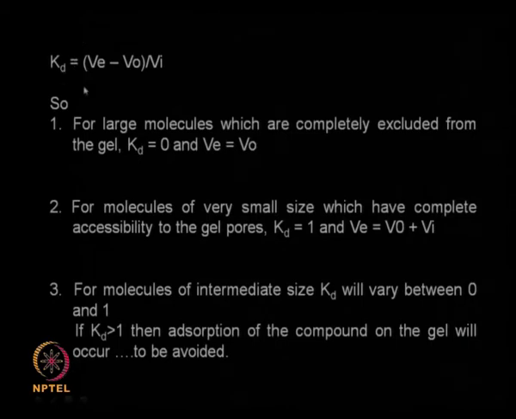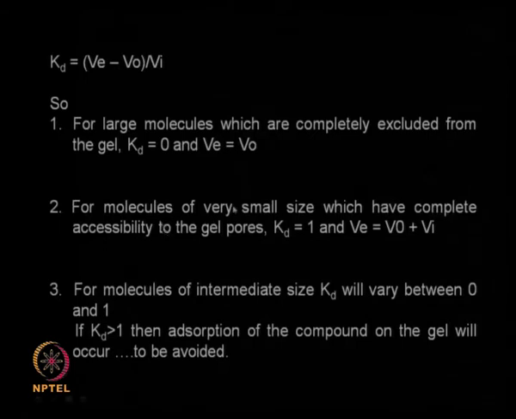So that is the situation where molecules are very large. If Kd equals 0 then Ve equals V0, that means the eluent volume will be exactly equal to the interstitial space, that is all, because your solute does not interact with your solid phase material, that is the solid gel.